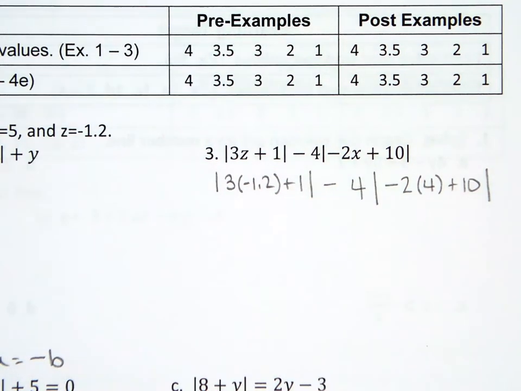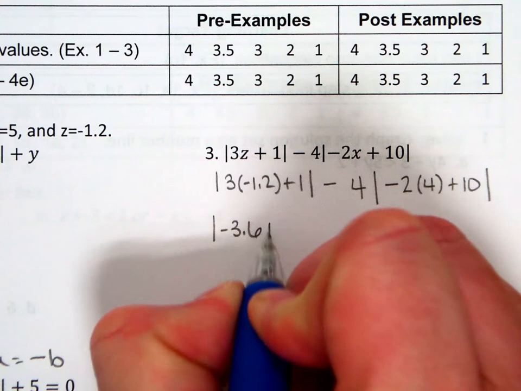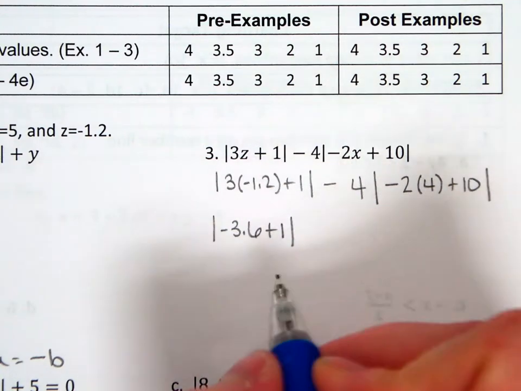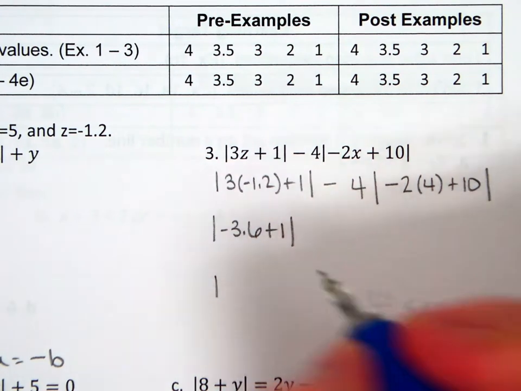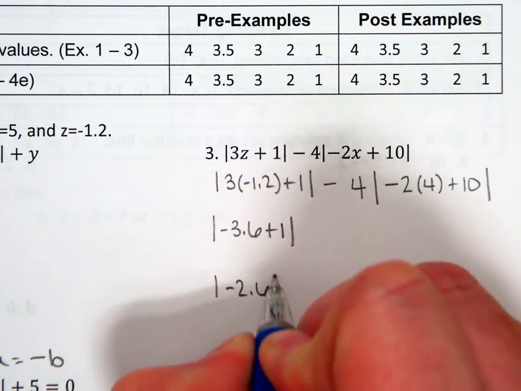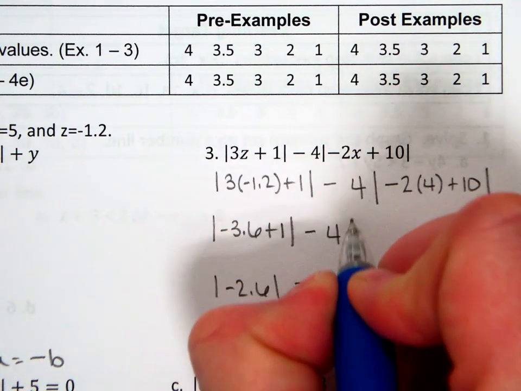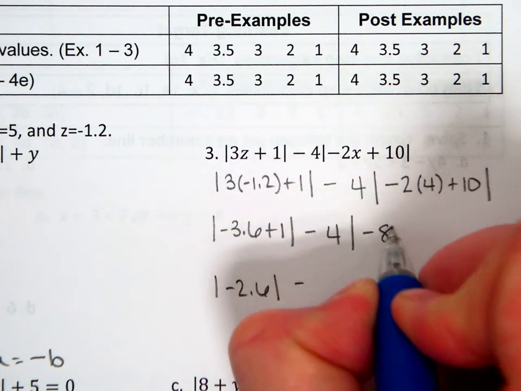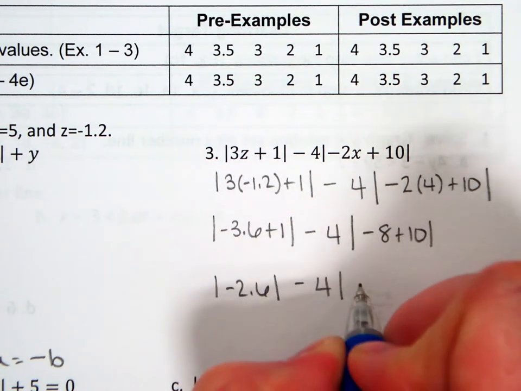So 3 times -1.2 is -3.6, plus 1 gives me the absolute value of -2.6, double checking, minus 4 times the quantity -8 plus 10, absolute value, 4 times the absolute value of 2.